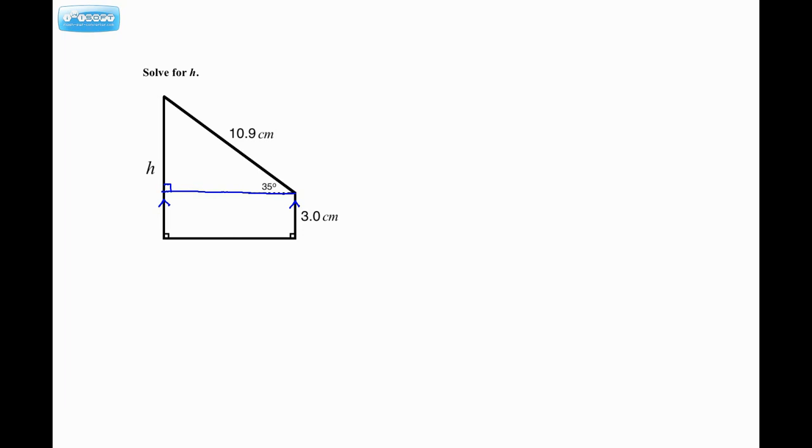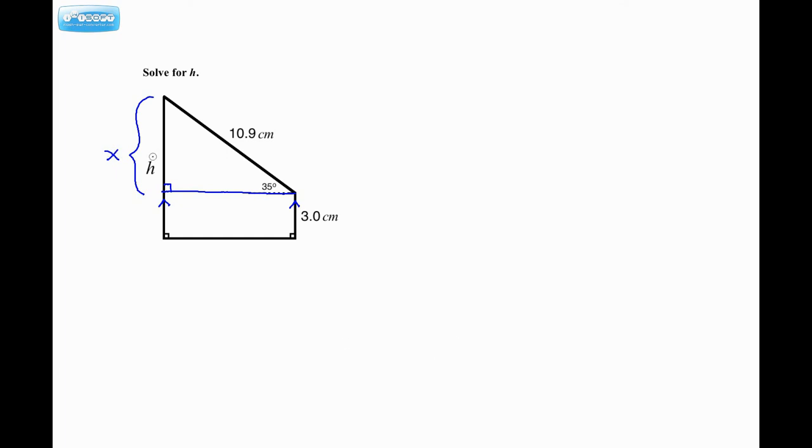If I want to figure out H, though, this angle of elevation is 35. The hypotenuse, if I'm just talking about this triangle here, is 10.9. I need to figure out this, and I'll label that x. Okay, that should be pretty simple.